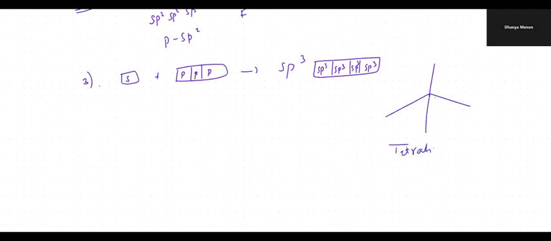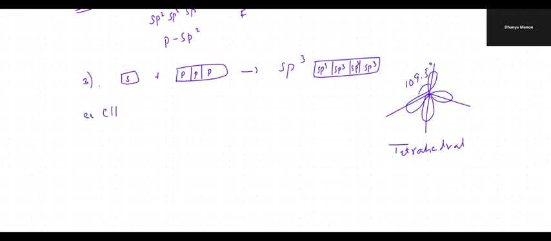The shape is tetrahedral. So I have it like this. And the bond angle is 109.5 degrees. Example, methane.